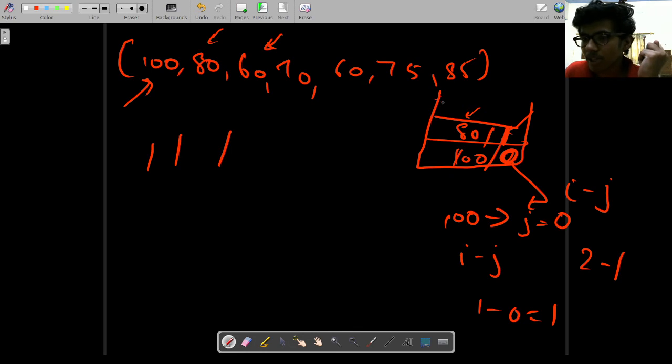Now I will push 60 with the index 2. So I have 70. What I will see is that this 70 is at position 3, while 60 is at position 2, the top of the stack. I see that my 60 is less than 70.